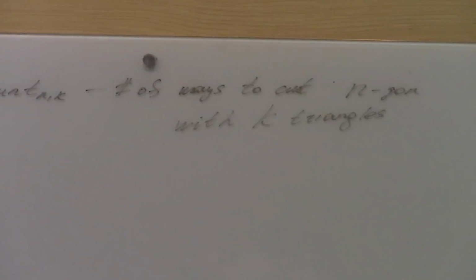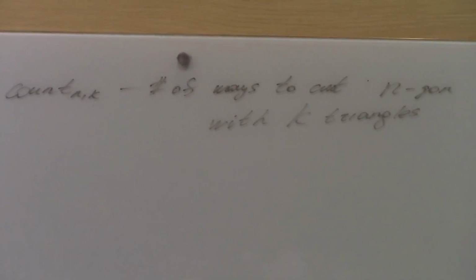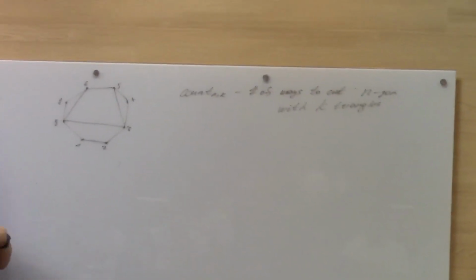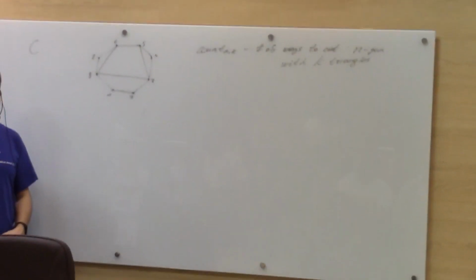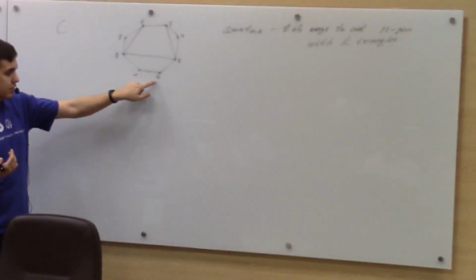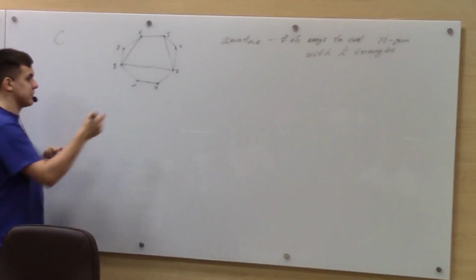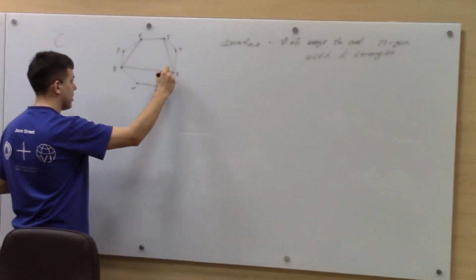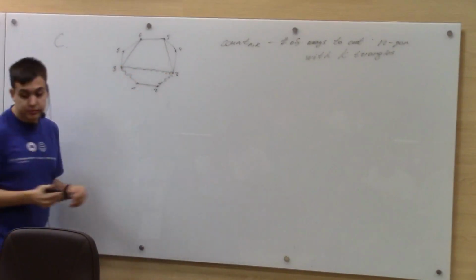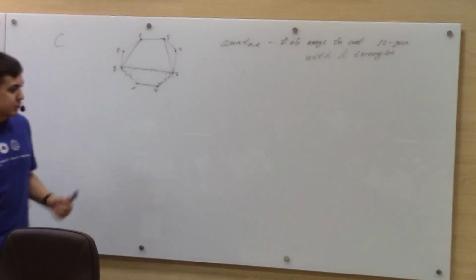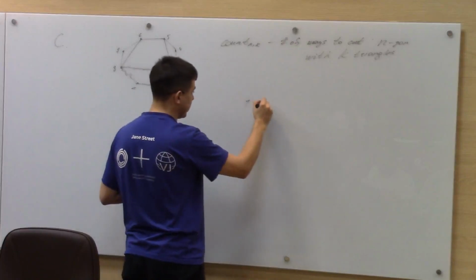Okay, so if you remember how the recurrence relation for Catalan numbers and triangulation works, you remember that we fix some edge. And this edge belongs to some face. Right? So this border edge belongs to some face, for example, this one here. And in general, this picture will look like this. So we have the edge 1, 2.